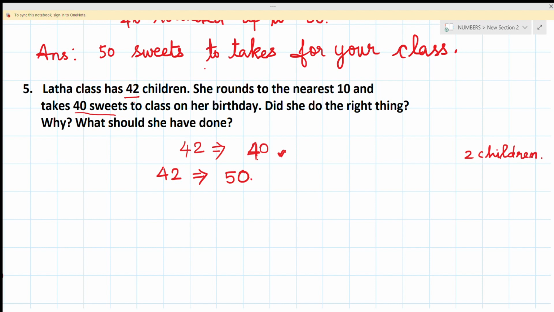So for the answer, we have to explain the situation and we should also write the reason.